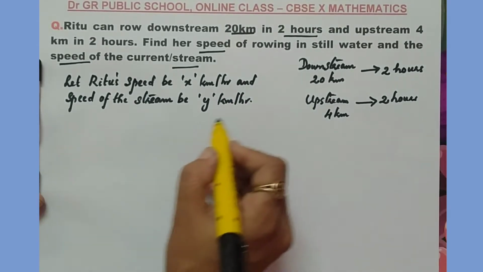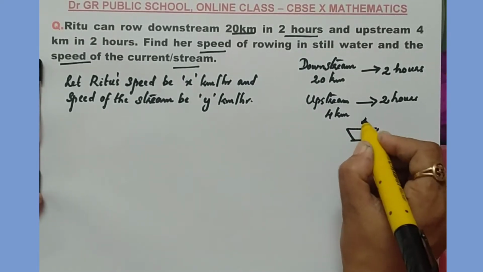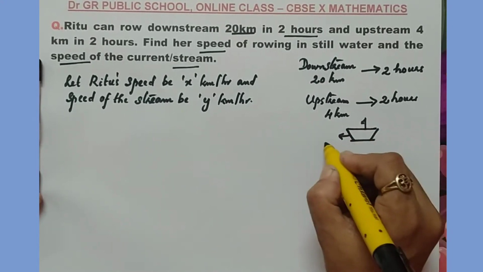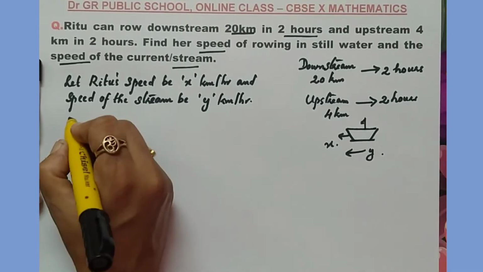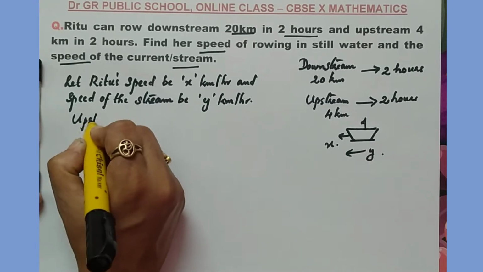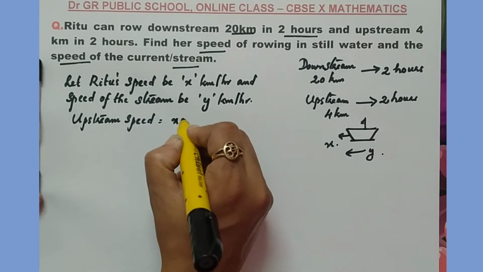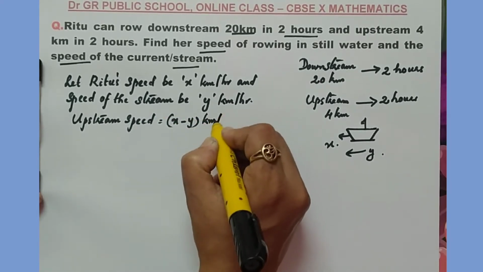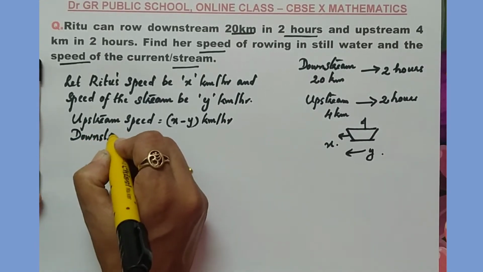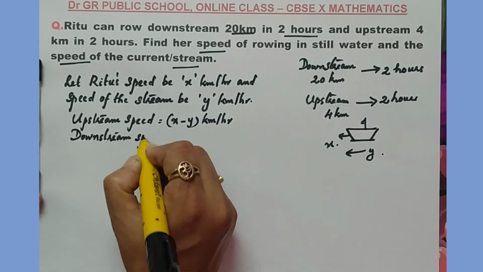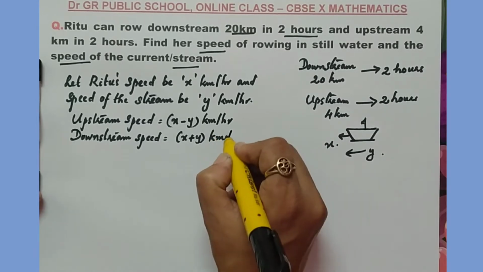I already told you that if the speed of the boat is x kilometer per hour and the speed of the stream is y kilometer per hour, then upstream speed is x minus y kilometer per hour and downstream speed is x plus y kilometer per hour, that we studied in the last class.